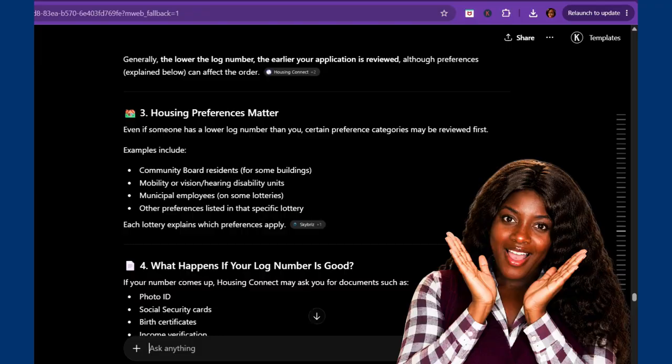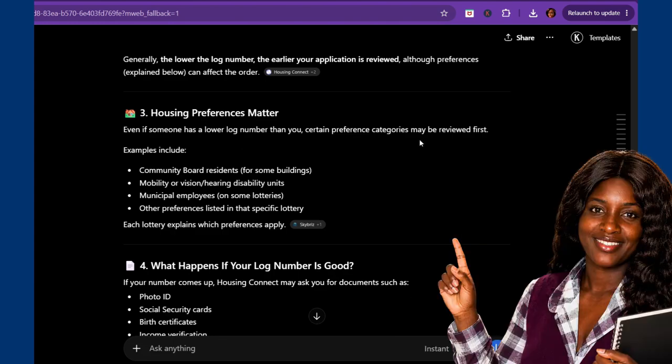Number 3, housing preferences matter. Even if someone has a lower log number than you, certain preference categories may be reviewed first. Let's take a look. The examples include community board residents for some buildings, mobility or vision and hearing disability units.